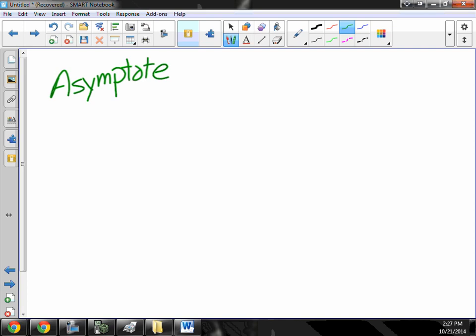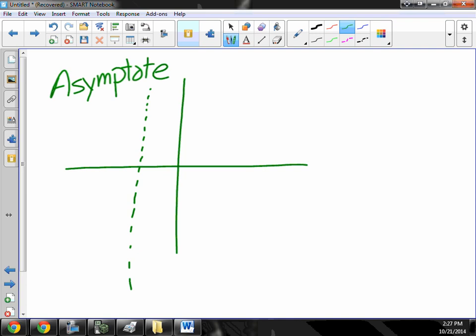Okay, back to math. An asymptote is a line. Well, in this class it's a line, but it could actually be a parabola or anything else. But it's a line that a graph approaches but never reaches. We've seen these before. So that would be an asymptote at x equals -2. And it might look something like this. The graph's going to come and get really close, but never touch.